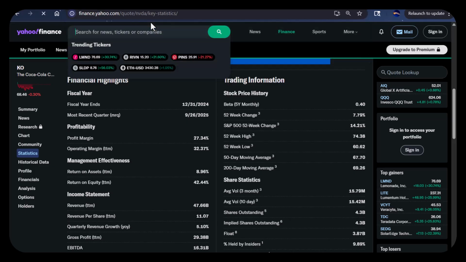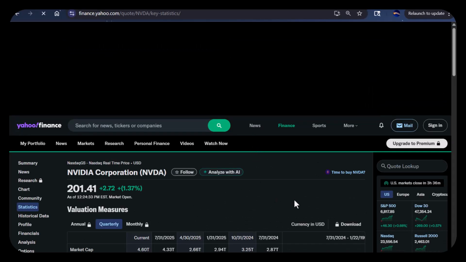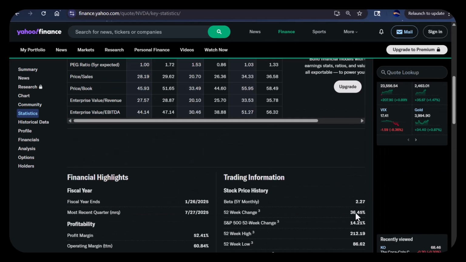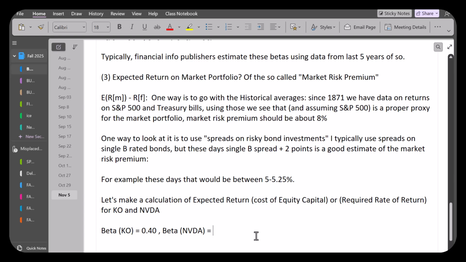For NVIDIA, that's 2.27. So taking this method of estimating beta seriously, essentially, NVIDIA is 5.5 times more sensitive to systematic risk, or the market risk.